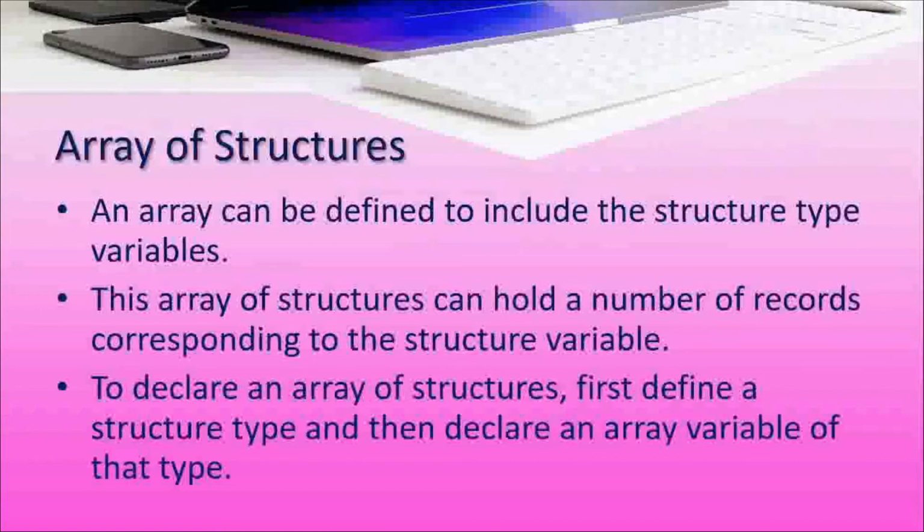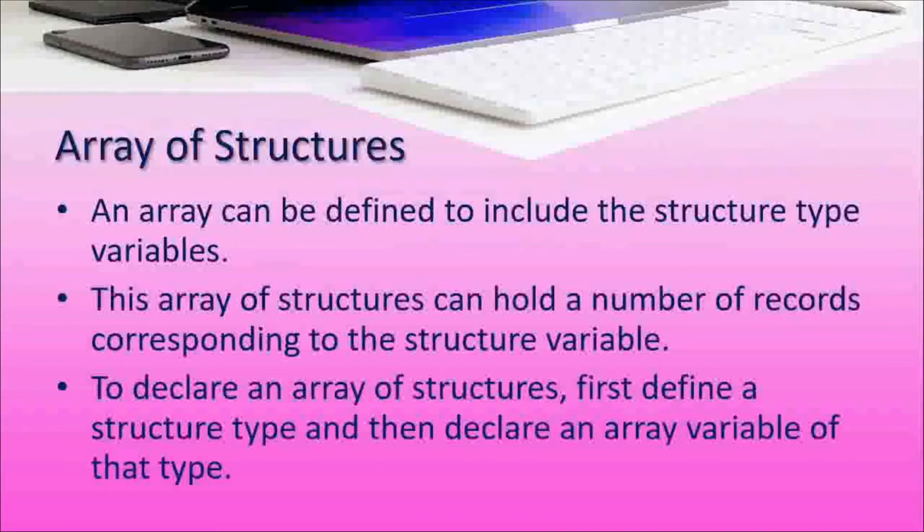So using an array of structures, you can store different data types in an array, but in a structure format. That is, each element will be a structure. So this array of structures can hold a number of records corresponding to the structure variable.